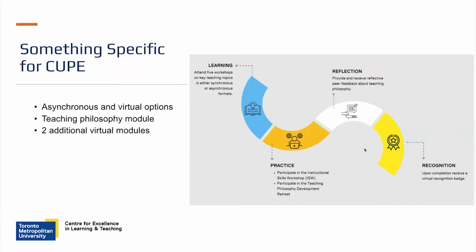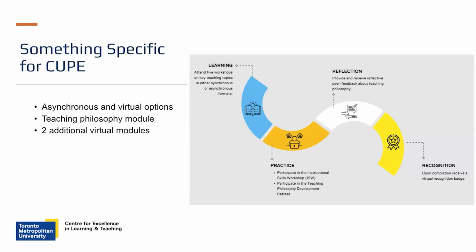The third piece is to be able to reflect on what you've learned, both from the workshops and the ISW, and that's to participate in a teaching philosophy development module, so not the retreat, a module, and that's actually on our D2L, our Brightspace page.